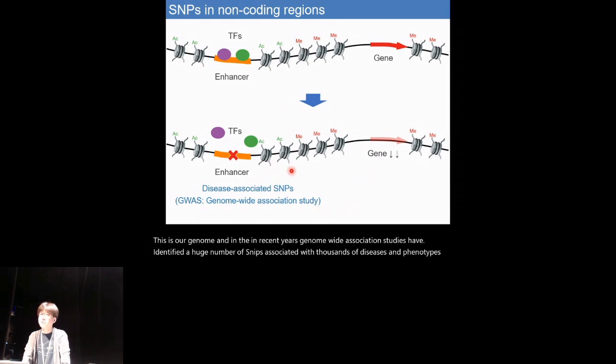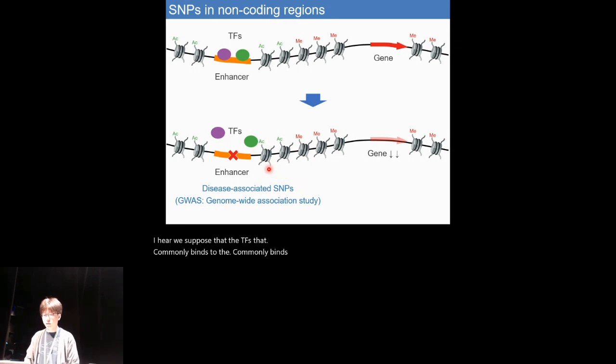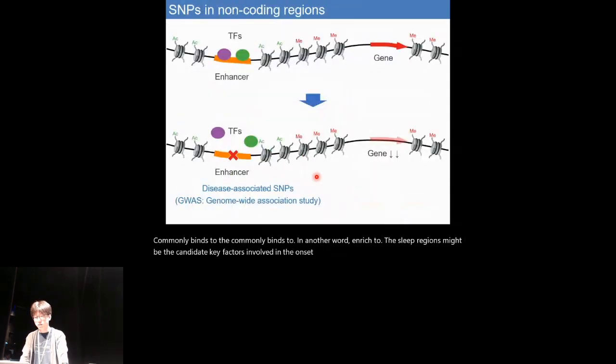However, since most of these SNPs are actually located in non-coding regions, such as enhancers, it is very difficult for us to understand how these SNPs actually affect gene expression and contribute to the onset of diseases. Here we suppose that the TFs that commonly bind to, in other words, are enriched to the SNP regions might be the candidate key factors involved in the onset mechanism of the diseases.